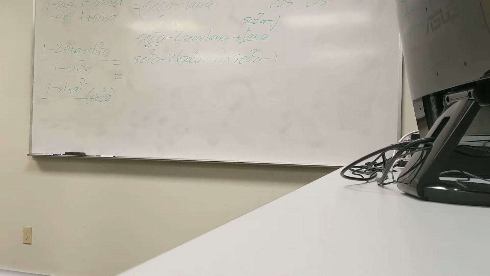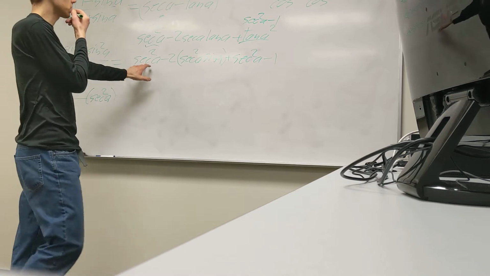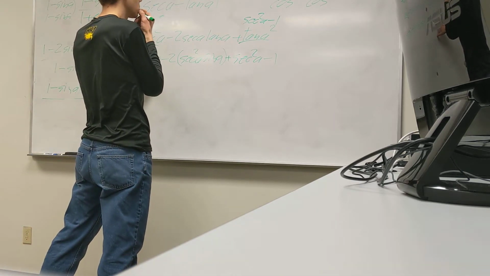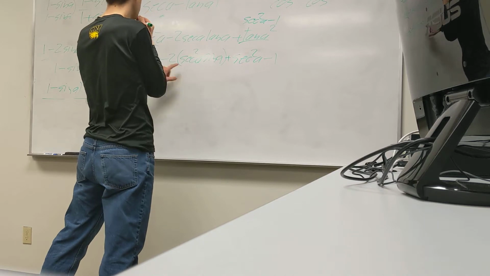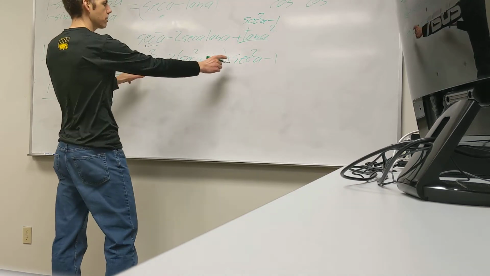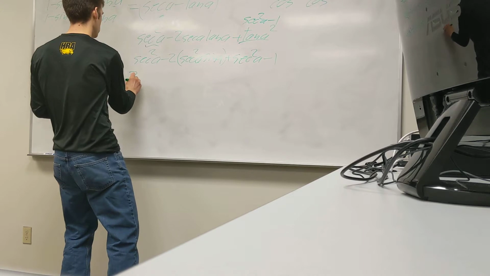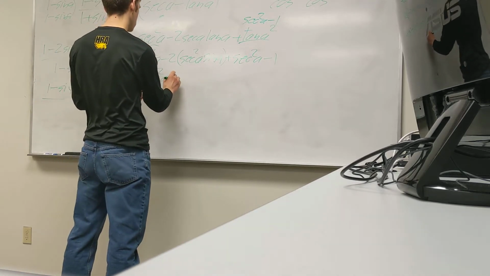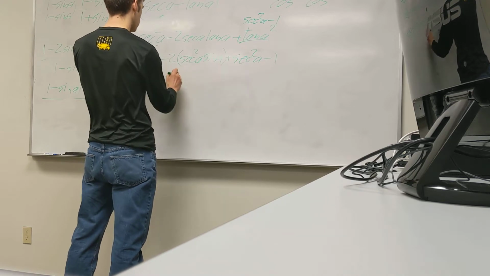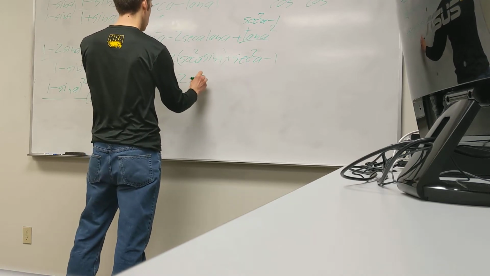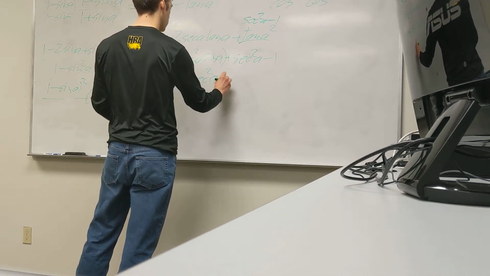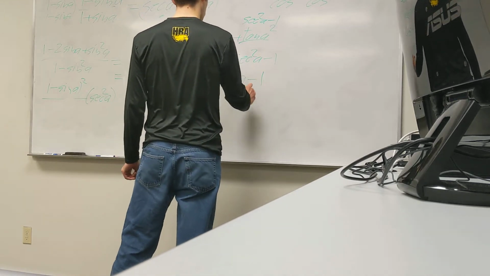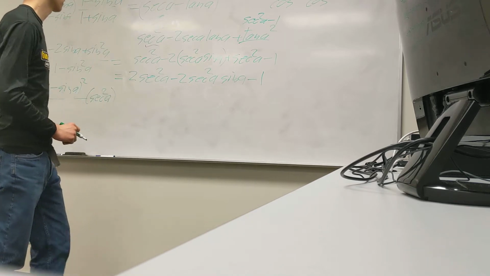Well, the secant squares cancel out. The first and last one cancel out. Add them together. Right? So good. So they can add together: minus 2 secant squared A sine of A. I still got that minus 1 though.